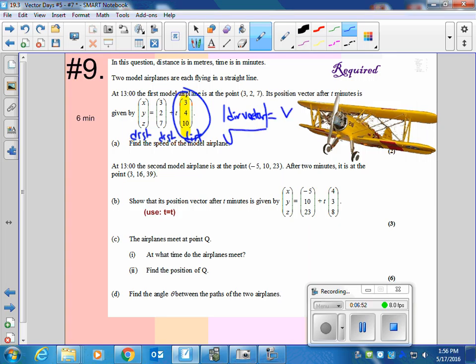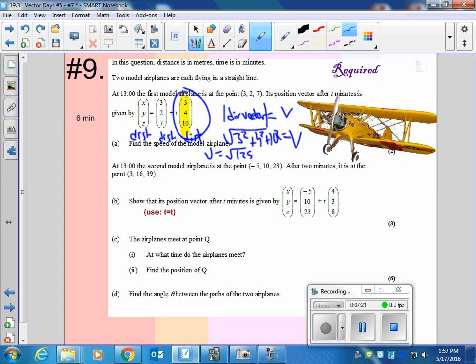So the square root of 3 squared plus 4 squared plus 10 squared equals the speed. Is that part all right? Looks pretty good. And you can calculate that and check that out. It'll be the square root of 125, whatever that is. I want to say 11.0 something.